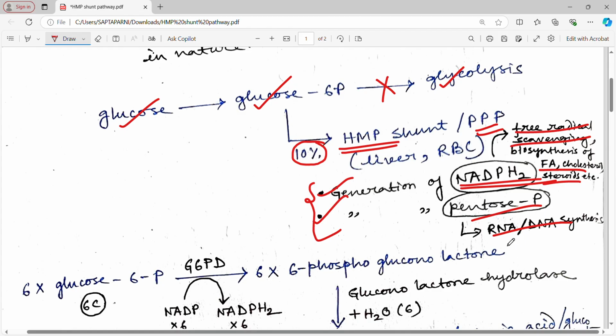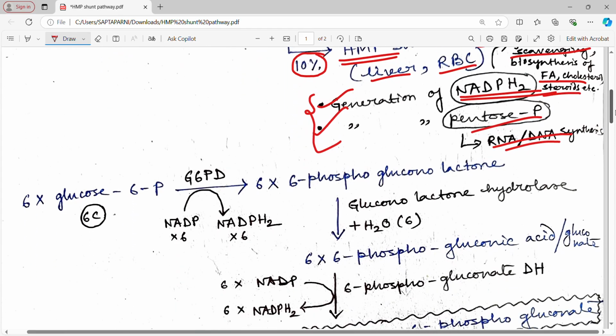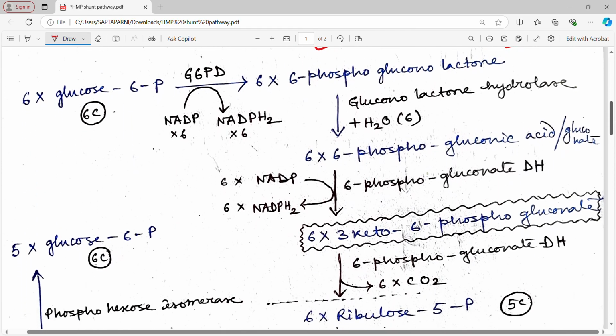So that is how this pathway also helps in DNA and RNA synthesis. To form the NADPH2 and pentose phosphate, this pathway is actually needed. This pathway is found in almost all cells of the body, but abundantly in liver and RBC.